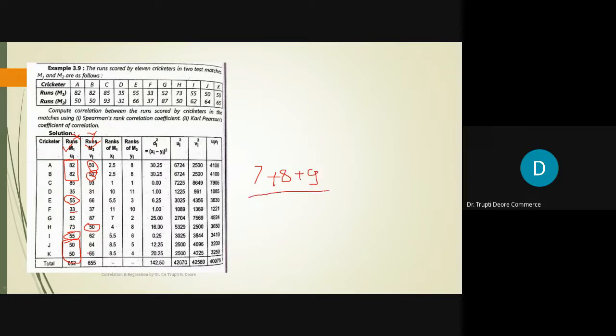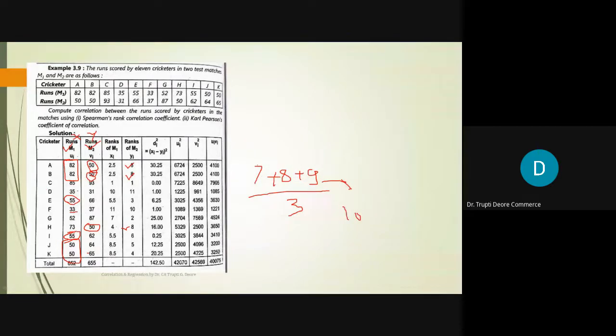There are 3 numbers, so we divide by 3. 7 plus 8 plus 9 divided by 3 is 8. So the same rank is given to these three numbers, that is 8, 8 and 8. It is called the same rank for ties. The ranks 7, 8, 9 are absorbed, and the next rank will be directly 10.